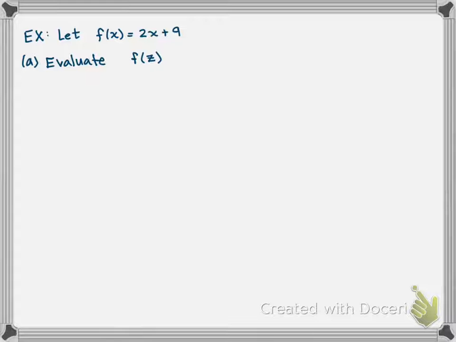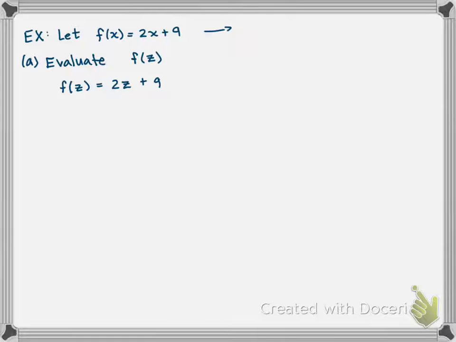So here they're saying evaluate our function for an input of z. Remember, our function is just a set of operations. It says take your input, multiply it by 2, add 9 to it. And so if my input is z, I'm going to multiply z by 2 and add 9 to it. Not super exciting because we don't get to find a numerical value, but that's all that means.